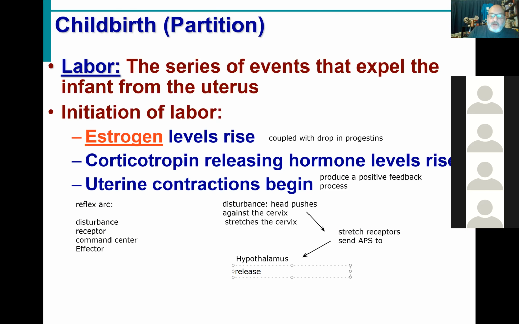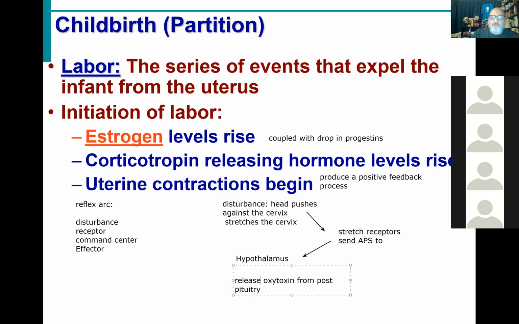What ultimately do we want to release? What's the hormone that's going to keep this positive feedback system going? Oxytocin. Oxytocin is released from which part of the pituitary gland? Posterior.